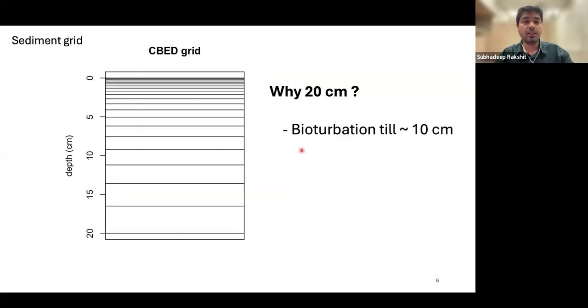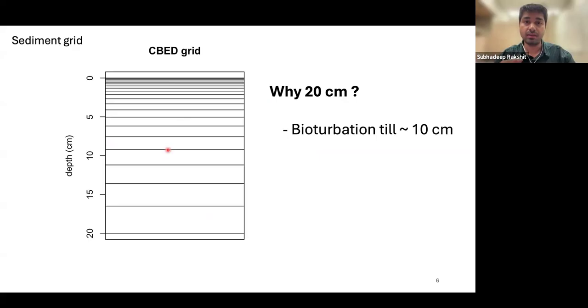And for the sediment grid, we chose a grid of 20 centimeters of increasing thickness. We divided it into 20 layers because we don't want to overwhelm the Earth system model with a lot of layers, because that will increase the computational cost a lot.